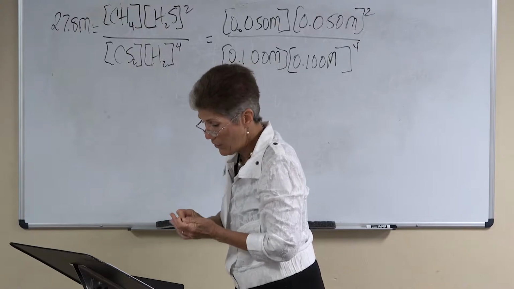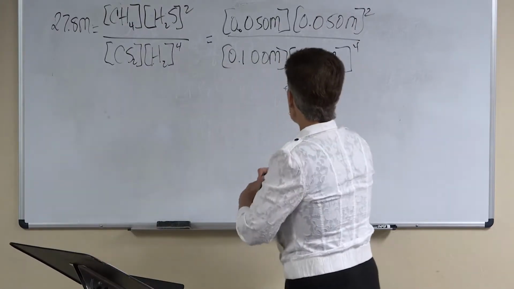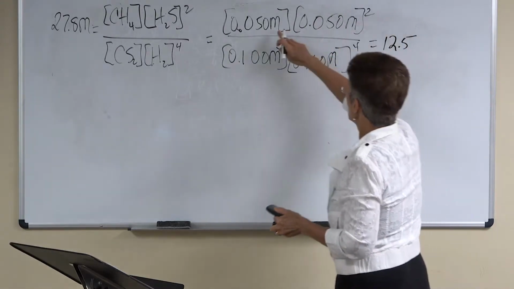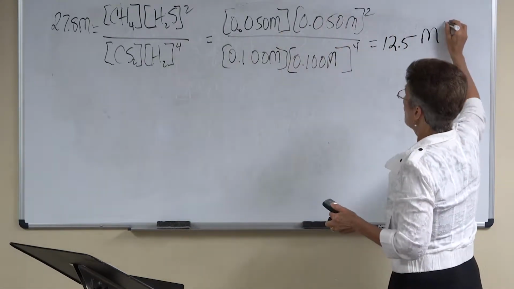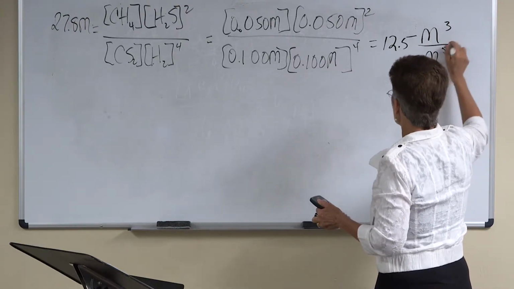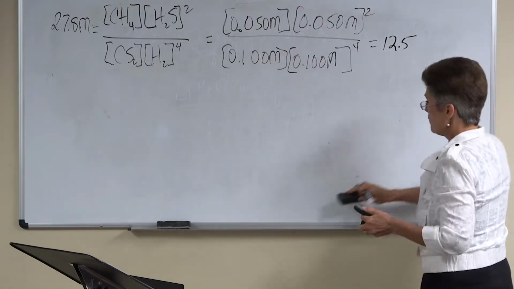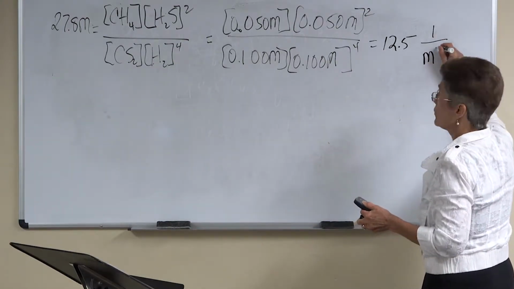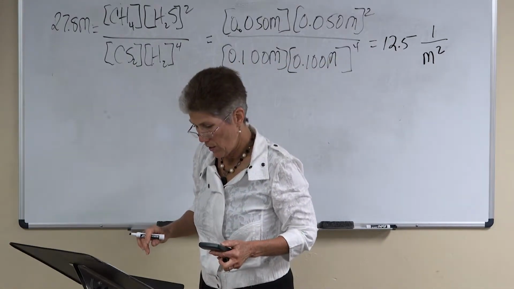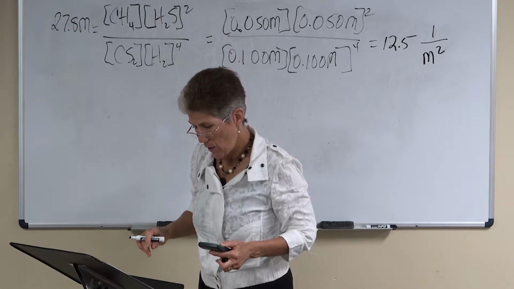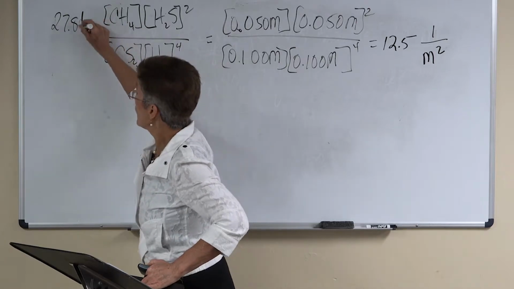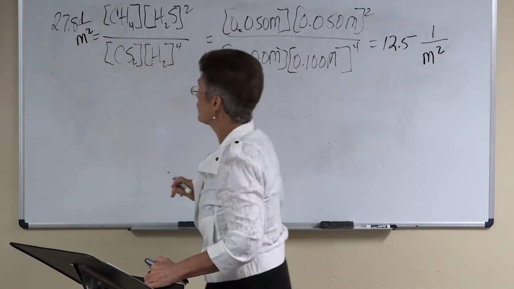Okay, when you do the math on that, the answer I come up with in my calculator is 12.5, and this would be molar cubed over molar to the fifth. So this is going to cancel and leave me with 1 over molar squared. That's what I was having trouble writing.